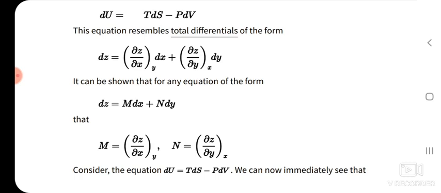It can be shown that for any equation of the form dz equal to m dx plus n dy, m is equal to dou z by dou x at constant y, and n is equal to dou z by dou y at constant x.